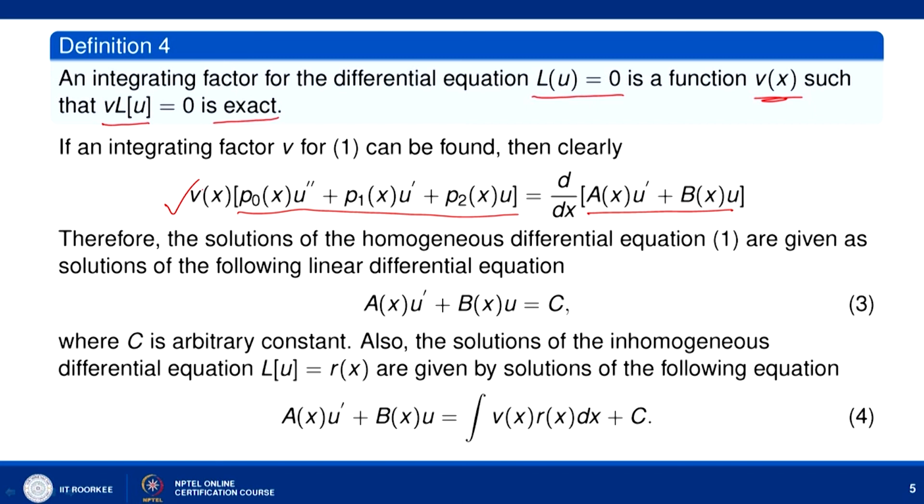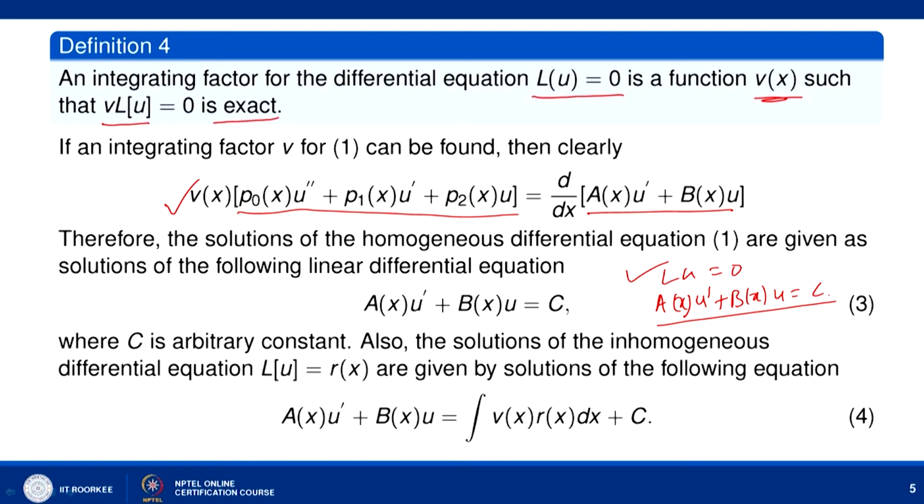And what is the use of this? Now your Lu equal to 0 is reduced to the equation A x u dash plus B x u equal to a constant, some C, which we can determine later on.